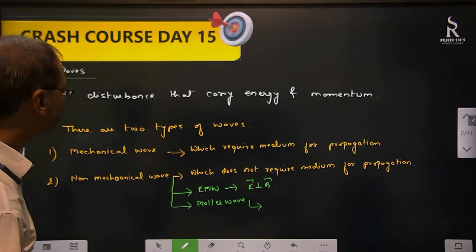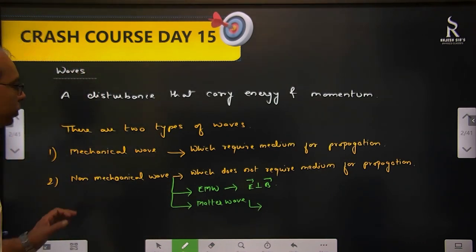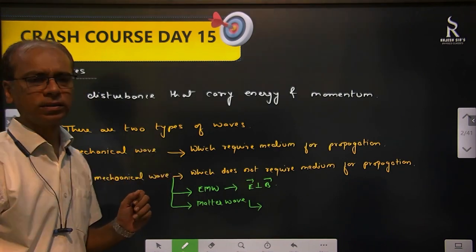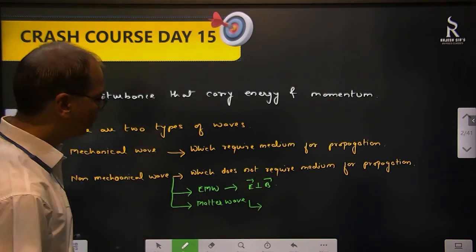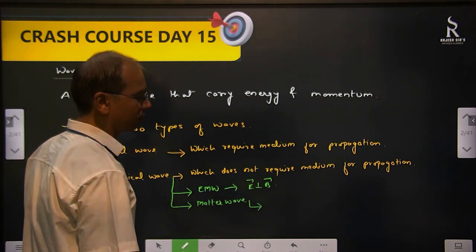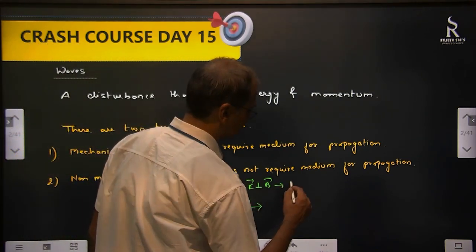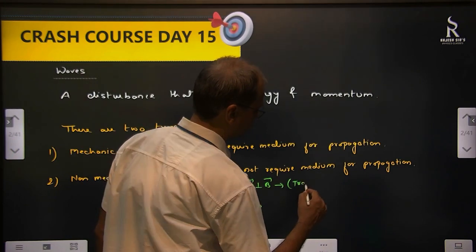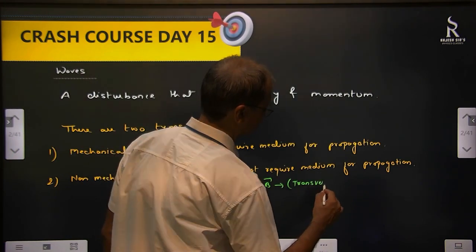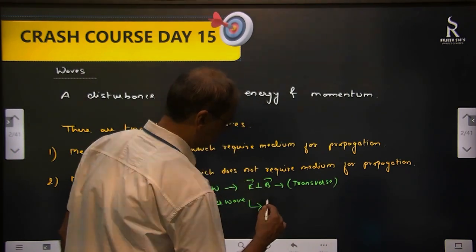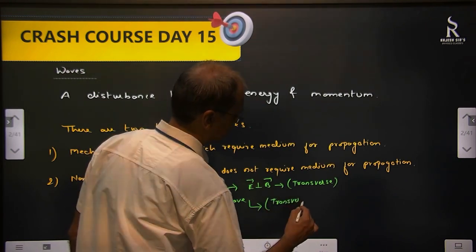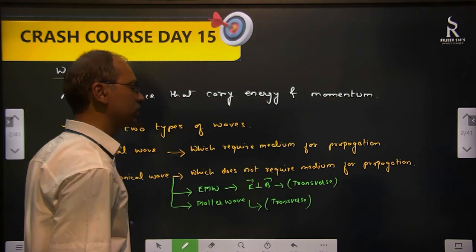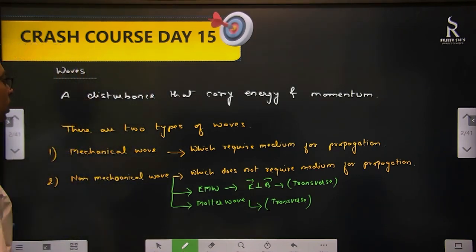Now mechanical waves we study as longitudinal waves and transverse waves. But before that, EMW is what kind of wave? This is transverse. And matter wave is also transverse. What transverse and longitudinal are, we are going to see.